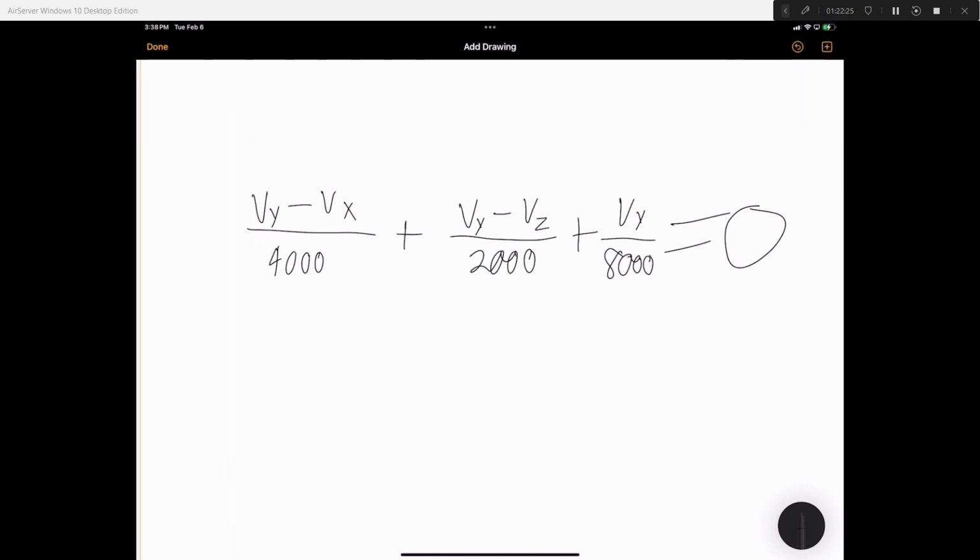Instead, recognize that the current I sigma is leaving the node labeled V sub x. So KCL tells us that I sigma must equal the sum of the currents entering the node labeled v sub x. So what's entering this node?